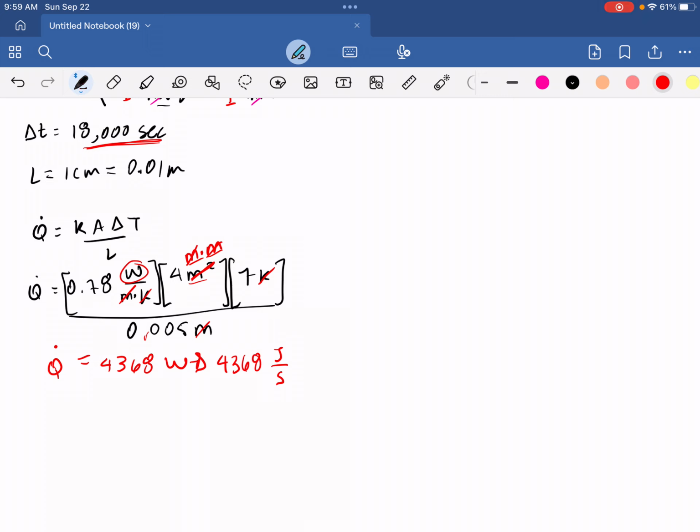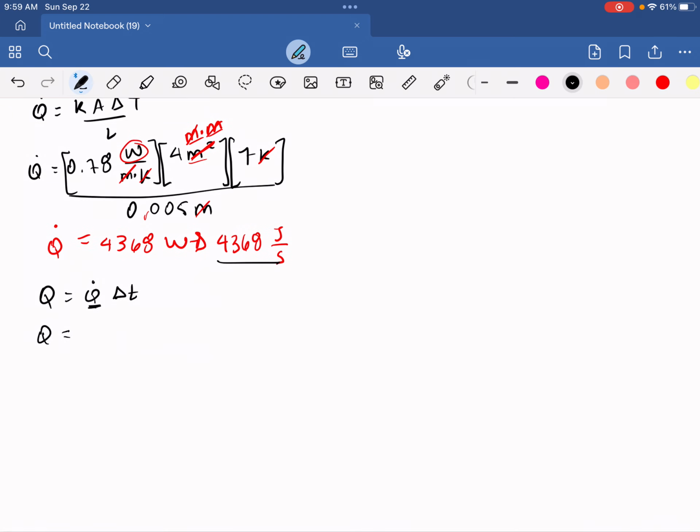So for my first part, Q equals Q dot times delta T. I already found Q dot, which is this. So Q equals 4,368 joules per second, multiplied by delta T. Delta T, lowercase t that is, was 18,000 seconds.